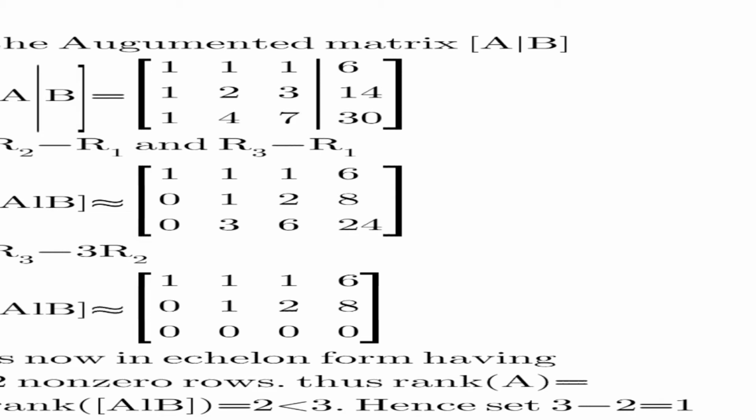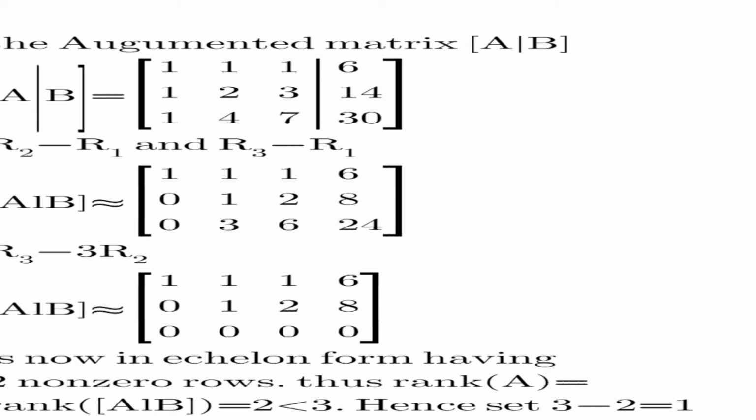So in the second step we retain the A22 element and make the remaining elements below A22 in the same column 0. That is, we need to make the element A32, which is 3, as 0. So we take R3 minus 3R2.